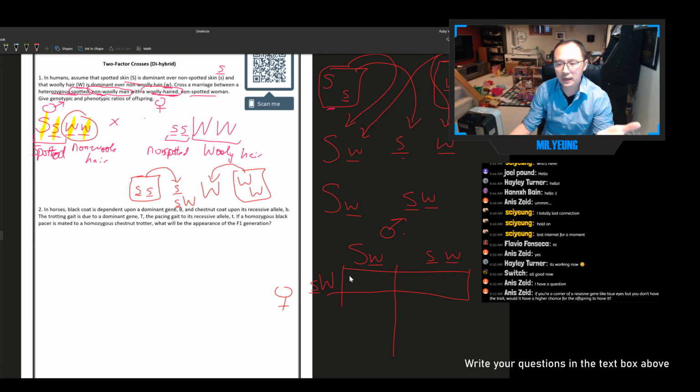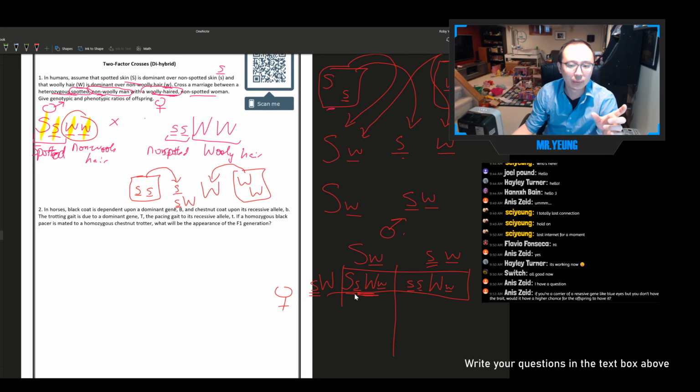Once you have set up your Punnett square, you just complete it, as in find the combination between these two, and that's your first combination. Then the second combination is this one, the big W and lowercase w, like that. So in this particular example, you only have two different possibilities.